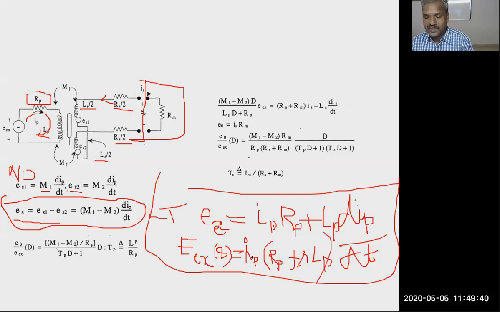So from this, what is IP? IP of S equals EX of S divided by (RP plus S LP).